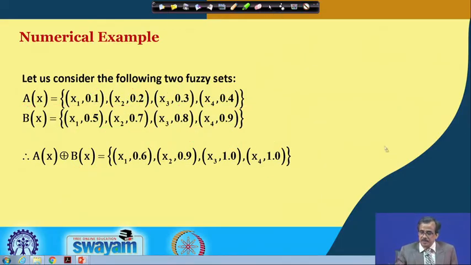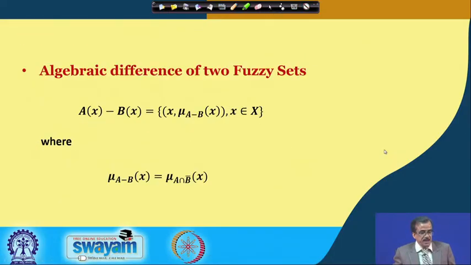Now, let us see how to carry out the algebraic difference between two fuzzy sets.